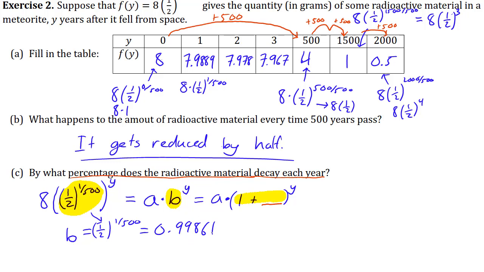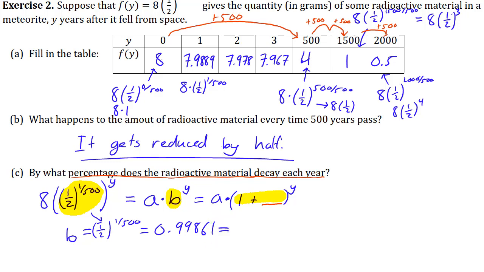So that means every time 1 year goes by, every time y goes up by 1, the amount of radioactive material gets multiplied by 0.99861. In other words, there is 99.861% remaining. So if you have 99.861% remaining, how much are you losing? You're losing less than 1%.